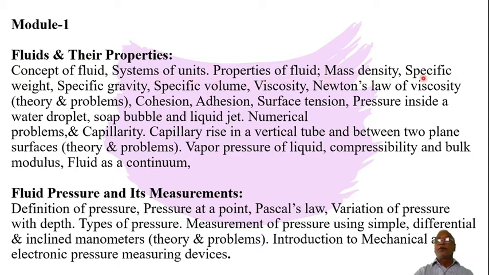There are a number of properties like mass, density, specific weight, specific gravity, specific volume, viscosity, Newton's law of viscosity, theory and problems, cohesion, adhesion, surface tension, pressure inside a water droplet, soap bubble, liquid jet, and numerical problems, and capillarity.